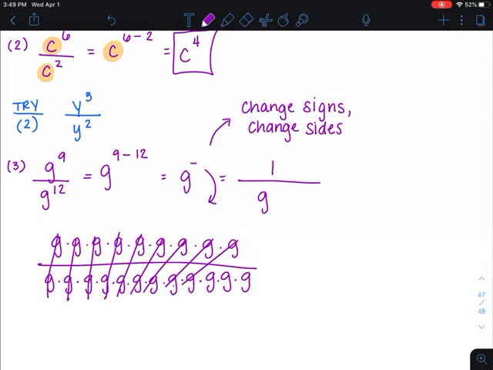I'm sorry. 9 minus 12 is negative 3, not 4. I don't know why I was so confused. Okay, so you have 3 g's left on the bottom.